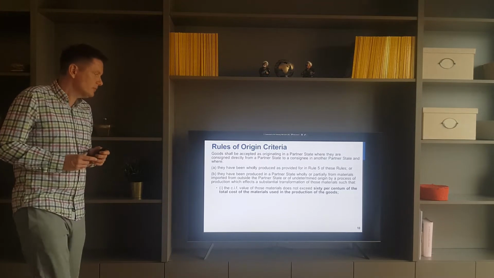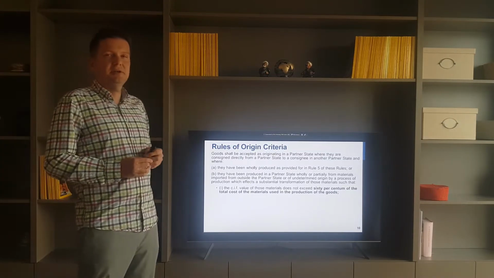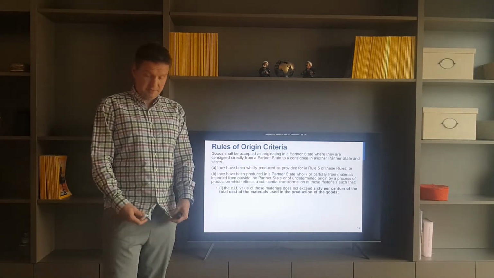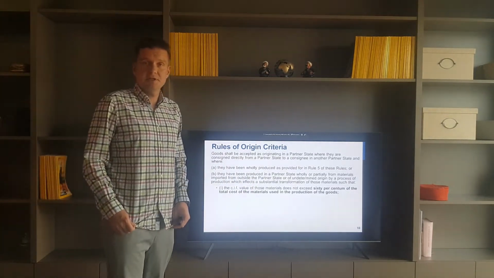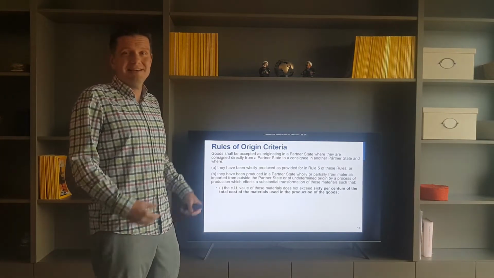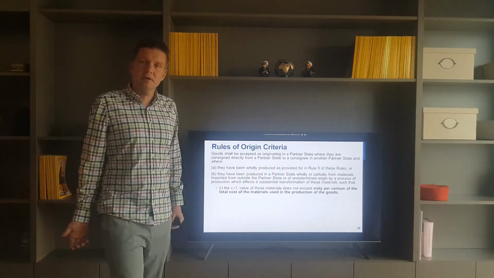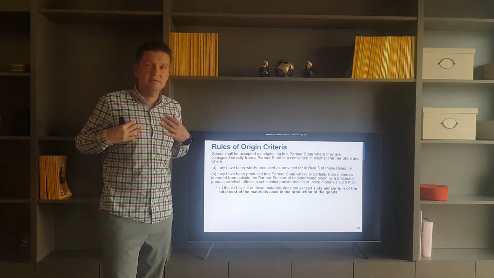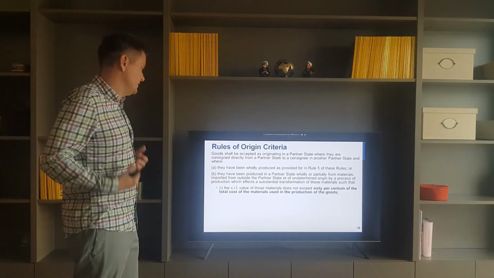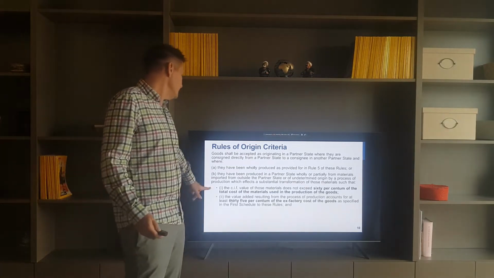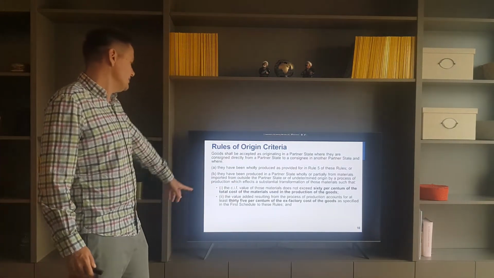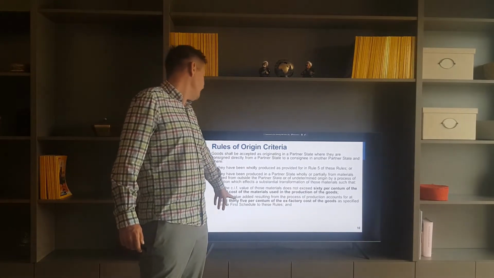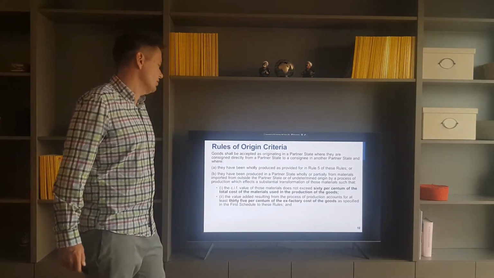So, if, for example, for this particular shirt you have imported materials whose cost is 90% of the cost of final manufacturing, then this shirt cannot qualify for trade preferences under EAC rules. Another rule is that the value added resulting from the process of production accounts for at least 35% of the ex-factory cost of the good.